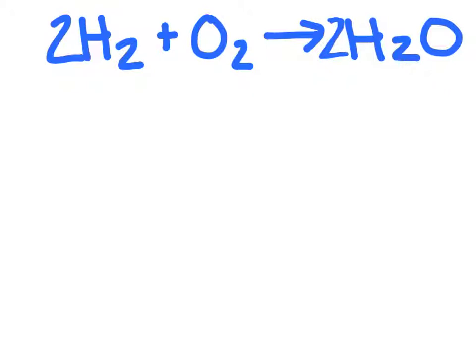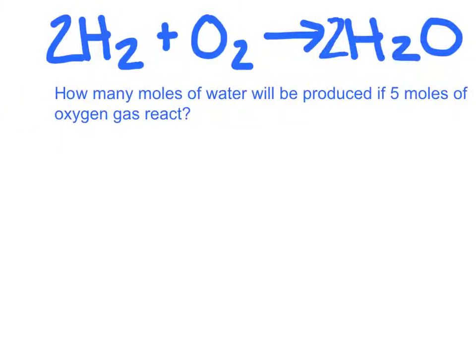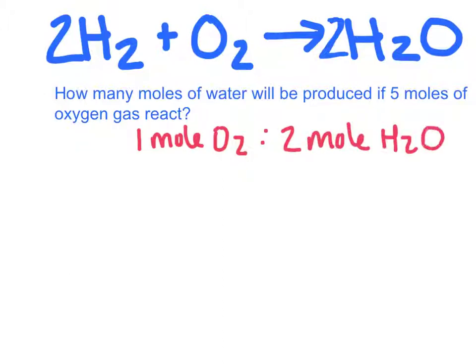So what if I am posed with this question? How many moles of water will be produced if 5 moles of oxygen gas react? So I don't immediately know the answer to that, but what I do know is that for every 1 mole of O2, I will make 2 moles of H2O, right? That's what the balanced equation tells me.